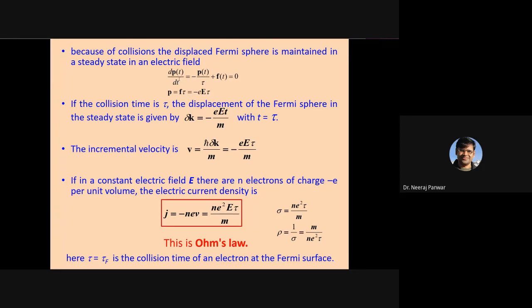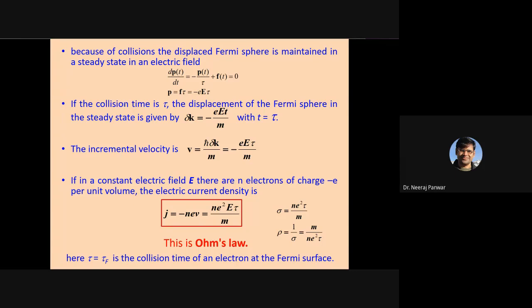Under steady state, the electron momentum will become constant. It will not change with respect to time, so that will be equal to 0. So from here we get P at time t equal to F times tau, and F we know is the force due to the applied electric field, that would be equal to minus E, capital E, times tau.